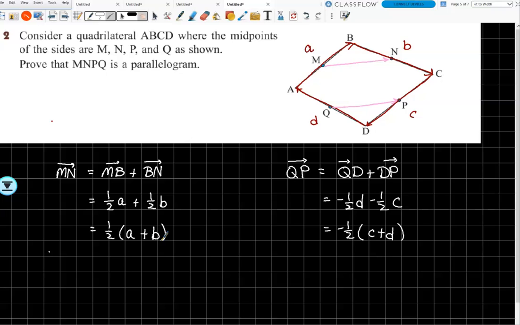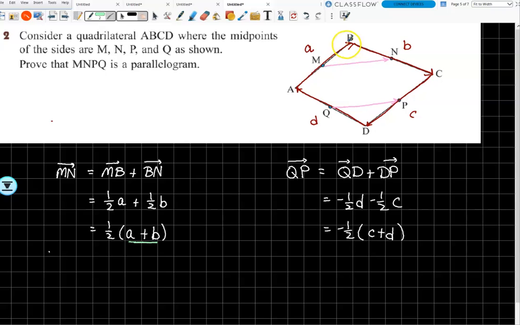So the only clue I'm going to give you before Sam, who's dying to come and do it on the board, is I want you to look at your diagram and think about what A plus B is, and maybe look at what's C plus D. We're nearly there. I'm going to show you on the board, and you should have done this with your finger.